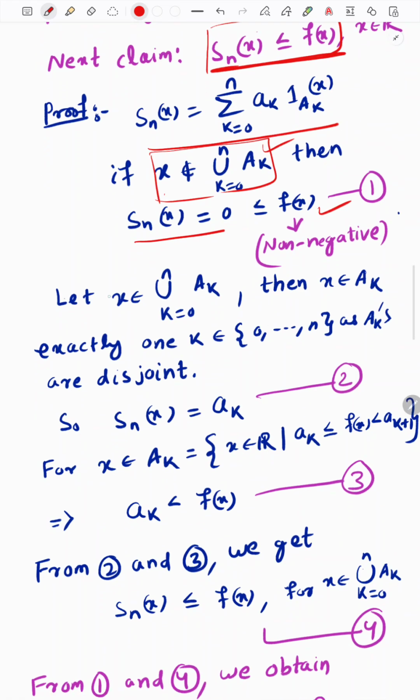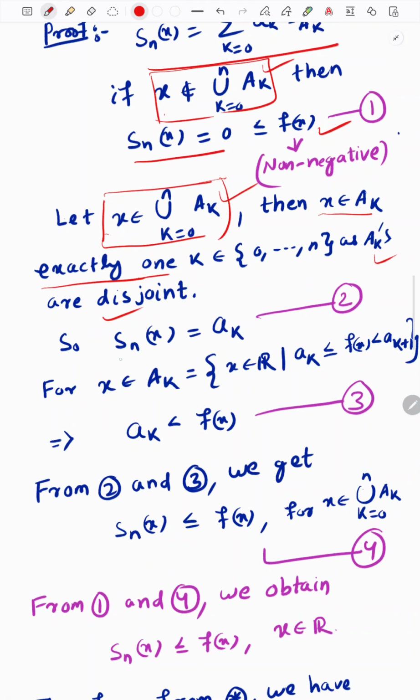Now let us check the other case. If x lies in this union, then x lies in some A_k, exactly one A_k, because these sets A_k are disjoint. So the value of s_n at the point x gives a_k, because x lies in exactly one A_k.